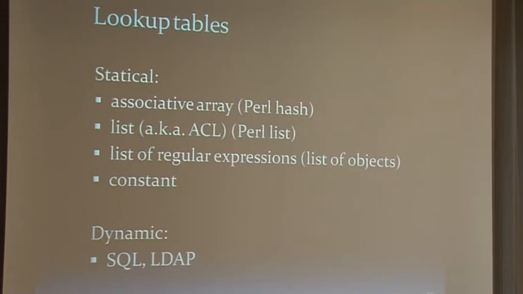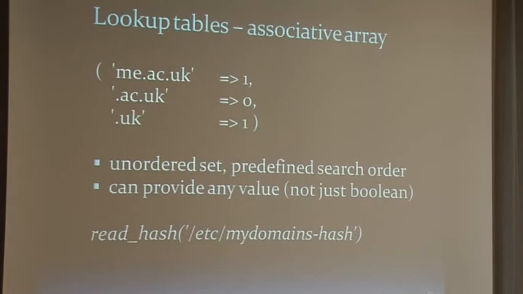But before we go to that, there are a couple of types of lookup tables. It's either an associative array, or a list of regular expressions, or a plain constant. And in addition to that, there is an implied lookup table when you enable SQL or LDAP. We'll go briefly through that, because this is old stuff.